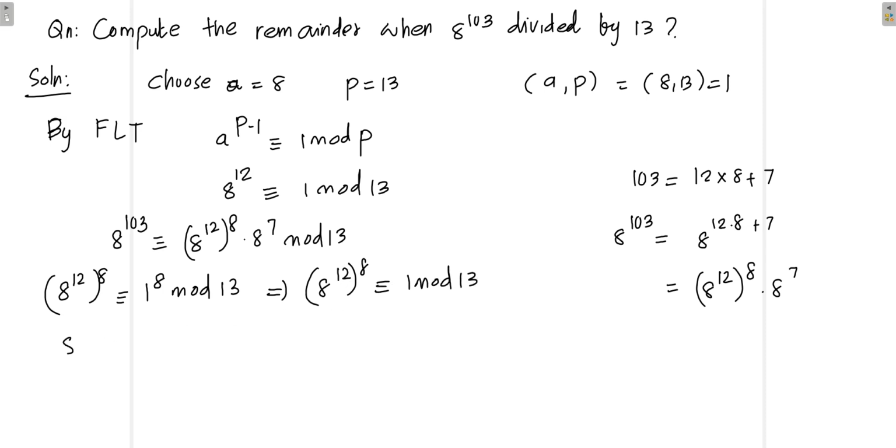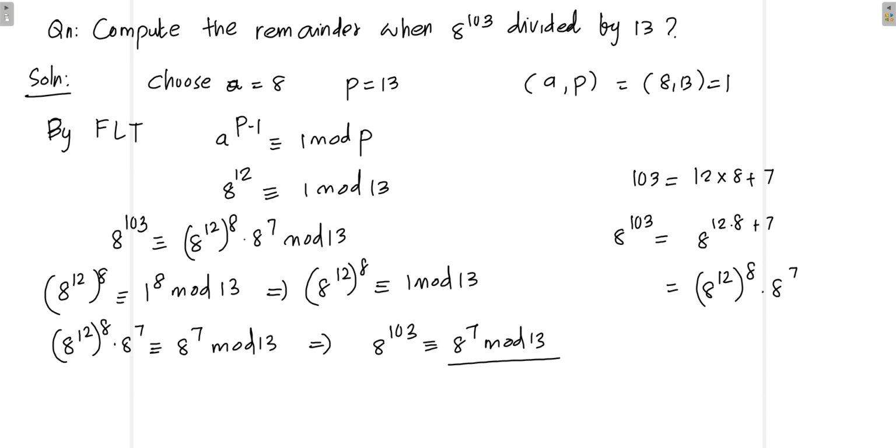Okay, now 8 raised to 12 the whole raised to 8 times 8 raised to 7 is congruent to 8 raised to 7 mod 13. That is, 8 raised to 103 should be congruent to 8 raised to 7 mod 13. ഇതാണ് നമുക്ക് കണ്ടുപിടിക്കേണ്ടത്. അപ്പോൾ 8 raised to 103ക്ക് പകരം 8 raised to 7 mod 13 എന്ന് നമ്മൾ കണ്ടുപിടിച്ചാൽ മതി.